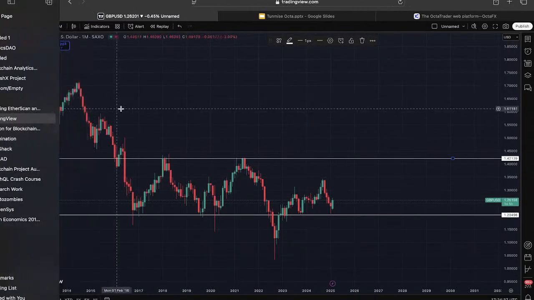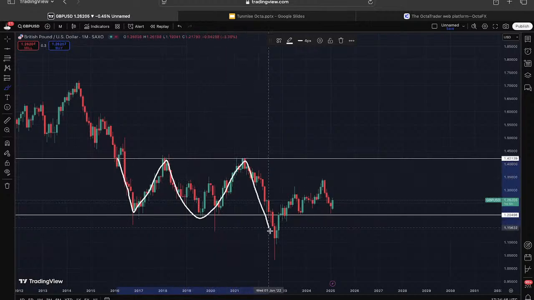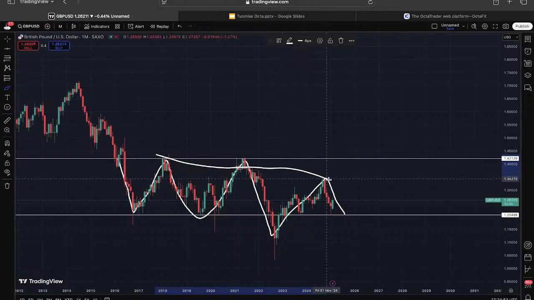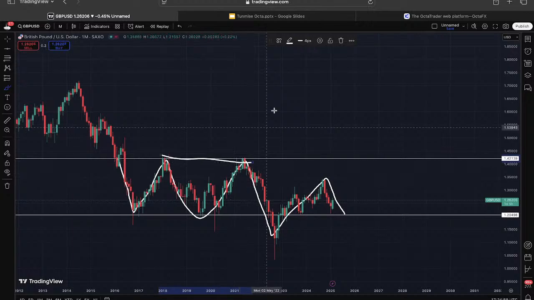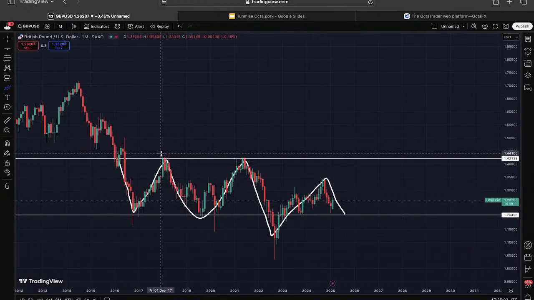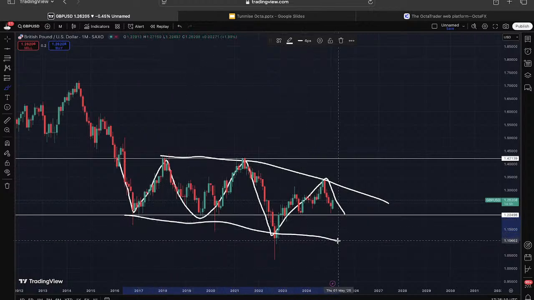Okay, so we can see how price is moving here. We can see how price has been moving in a wave-like pattern.